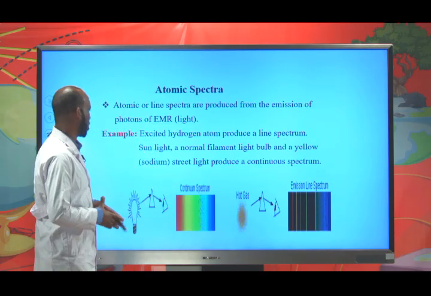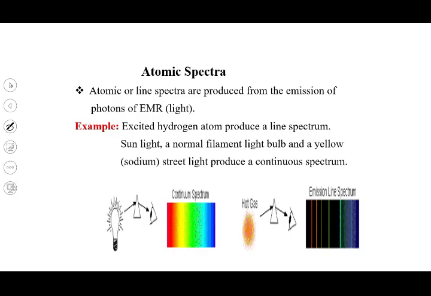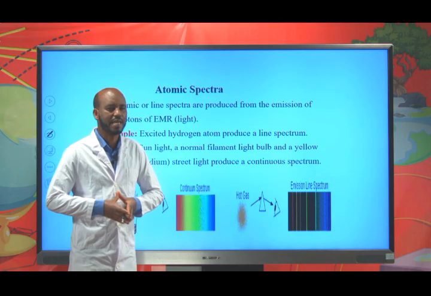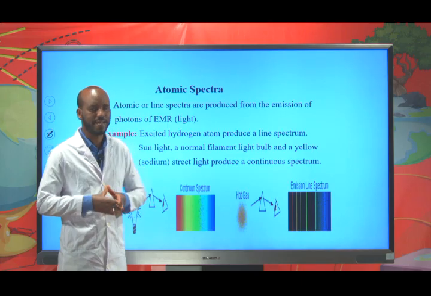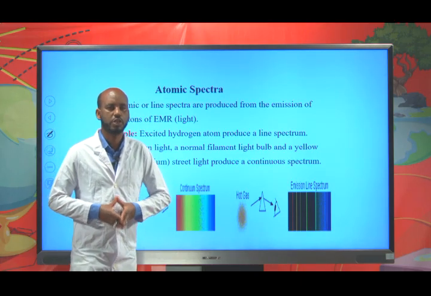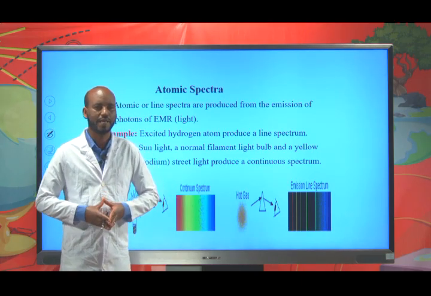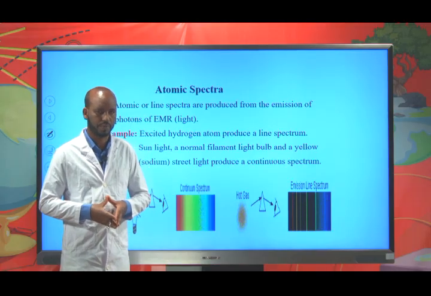Atomic spectra. Atomic or line spectra are produced from the emission of photons of electromagnetic radiation or light. If an atom is vaporized, thermally or electrically excited, then it emits light with a discrete frequency.